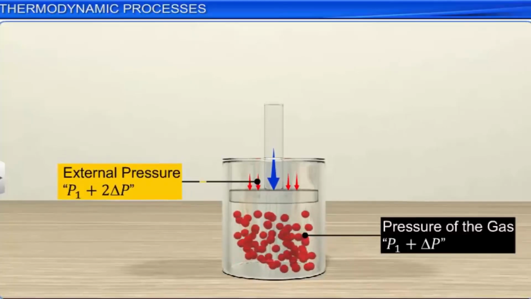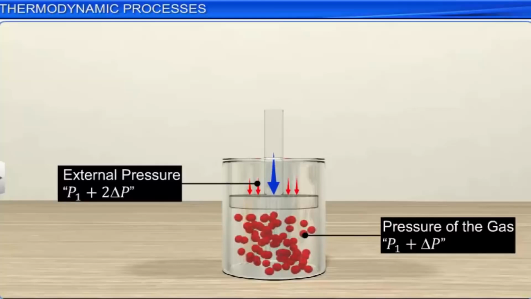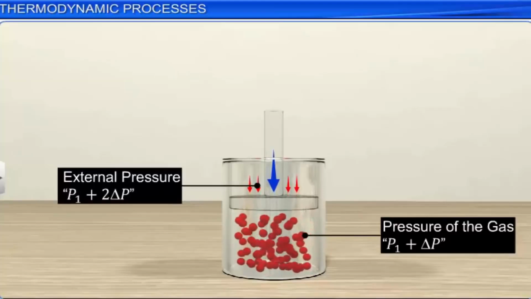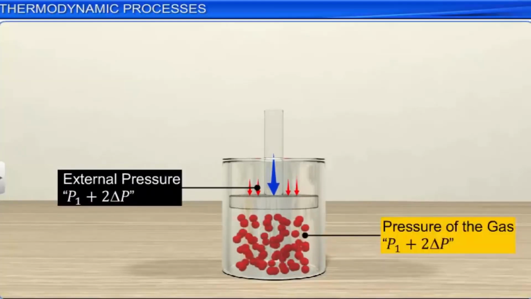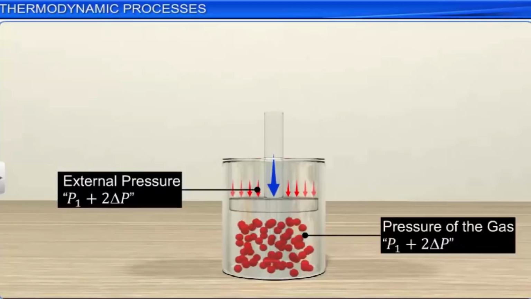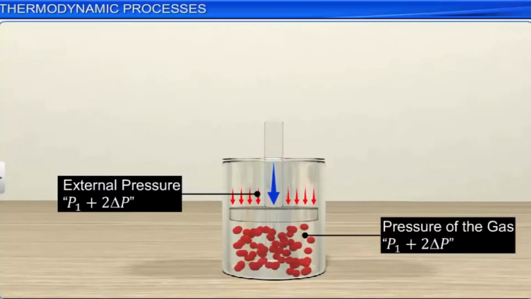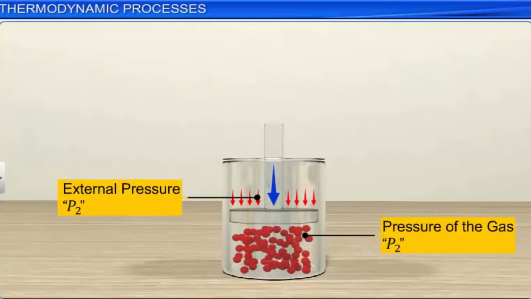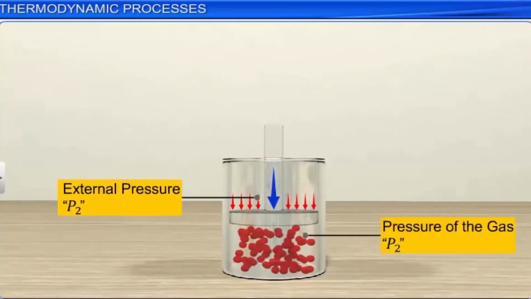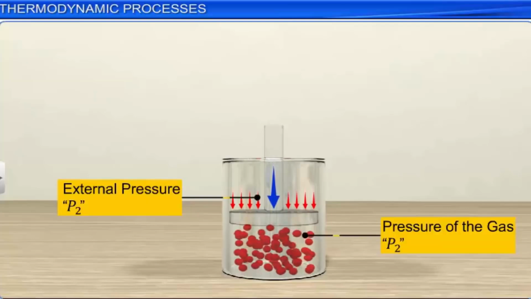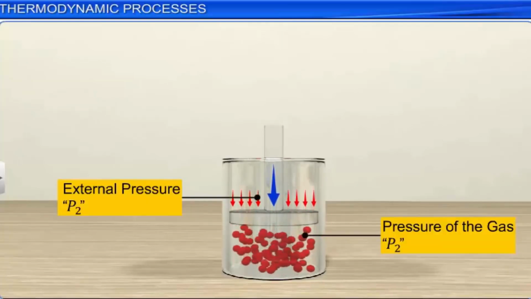And again, allow the gas to equalize its pressure with that of its surroundings. Continue the process slowly till the pressure of the system reaches P2.